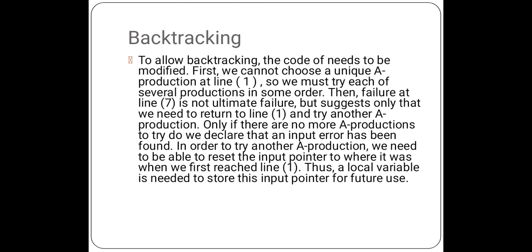Or else, from line 7 you have the statement which results in an error. So these are the things explained while comparing the process of backtracking and its corresponding algorithm.